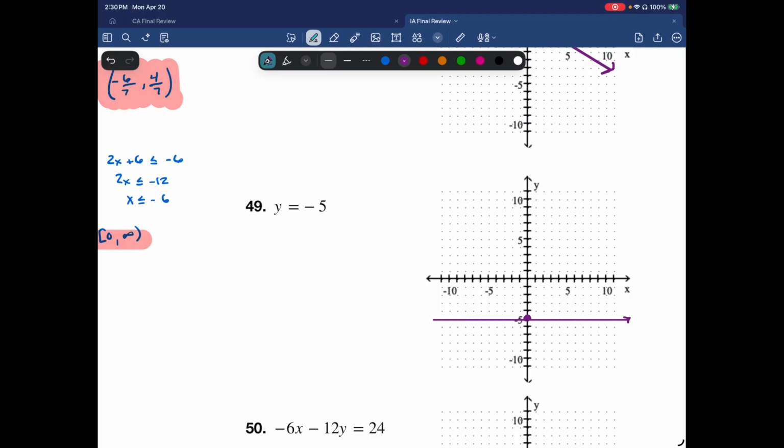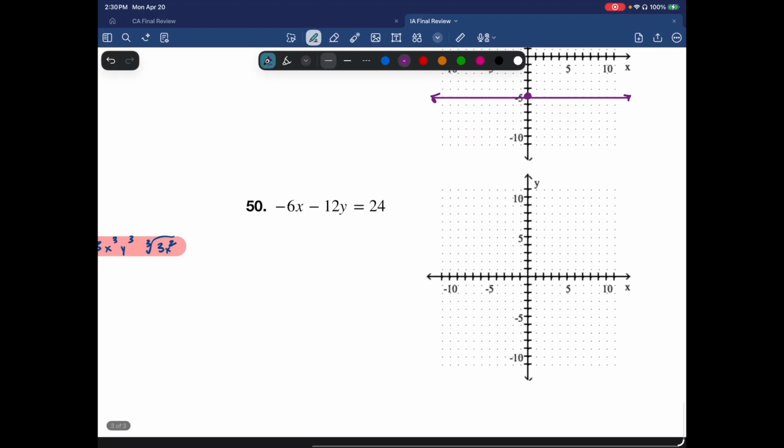Now 50 is a bit more tricky, and you could solve this for y, or you could do both intercepts. If you're dealing with the x-intercept, you can let y be 0, so you get negative 6x minus 12 times 0 equals 24, which gets rid of that y term, and so you get negative 6x equals 24, x equals negative 4. So I'm going to come over here, x equals negative 4. Now I can do the same thing for my y-intercept and let x be 0.